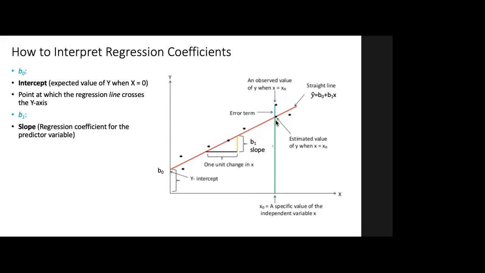Okay, so we have a specific value of our independent, or explanatory variable, our predictor variable x. Again, let's think about it in terms of height. Now let's say these are, I don't know, 5 inches. And so then we move all the way up to our regression line, right?